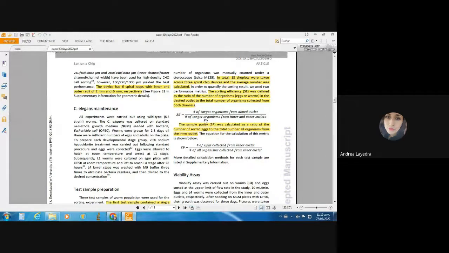The sorting efficiency was defined as the ratio of the number of organisms, eggs or worms, in the desired output to the total number of organisms collected from both channels. And the sample purity was calculated as the ratio of the number of sorted eggs to the total number of all organisms from the inner outlet.